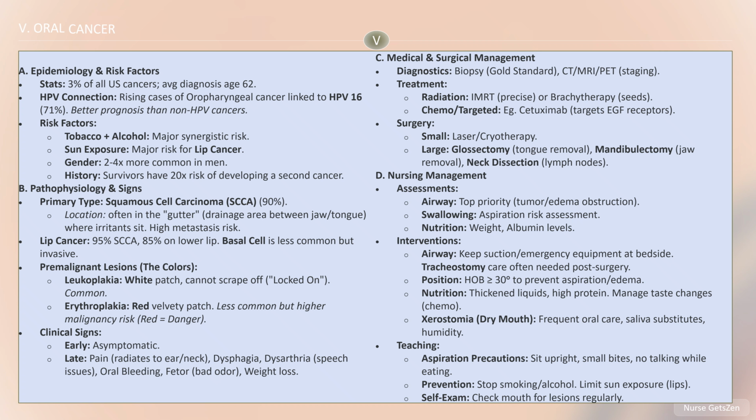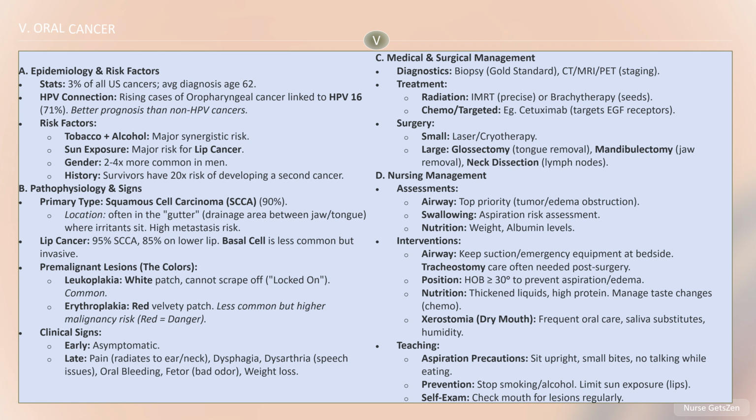Large tumors may require extensive surgery like glossectomy, removal of part or all of the tongue, partial mandibulectomy, jawbone removal, or neck dissection, removal of lymph nodes.